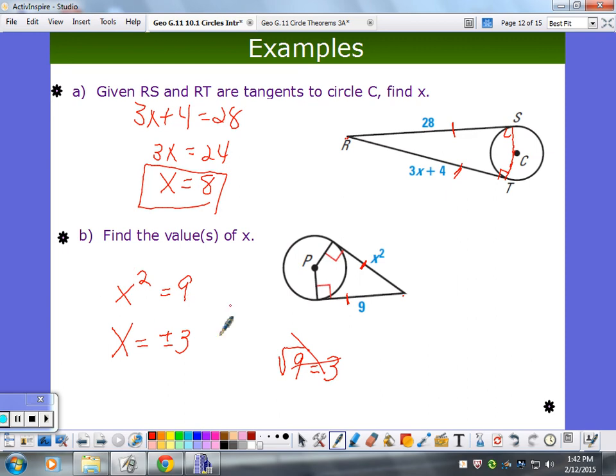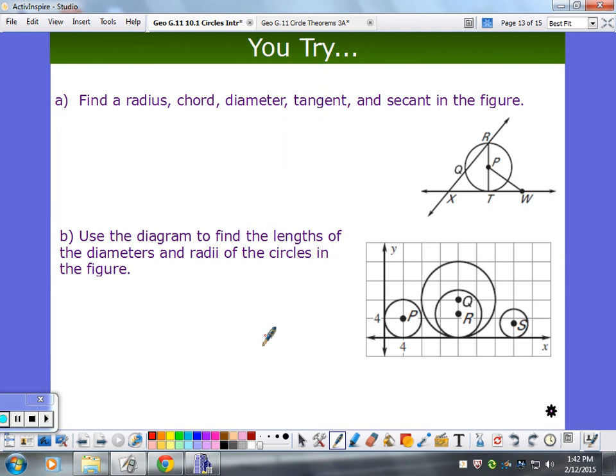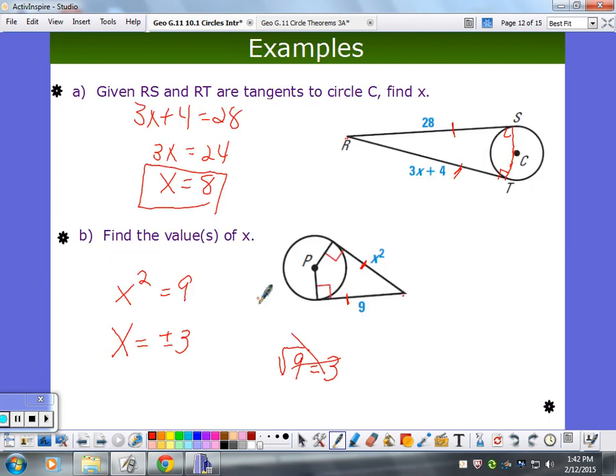Sometimes they work. -3 times -3 is 9. Fine. X can be -3. Square -3, you get positive 9. So it's fine. Whatever x is, it could be negative. X could be -3.